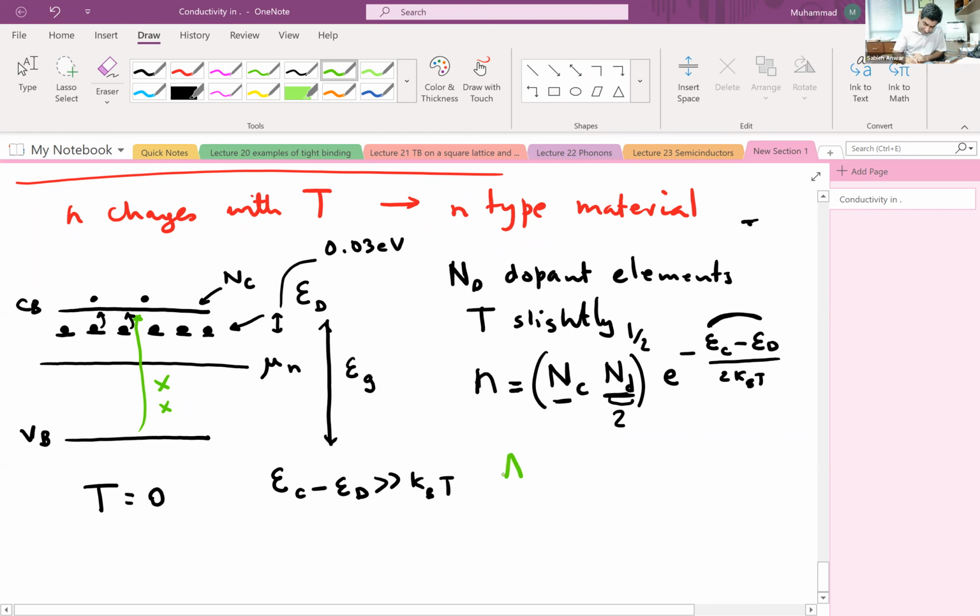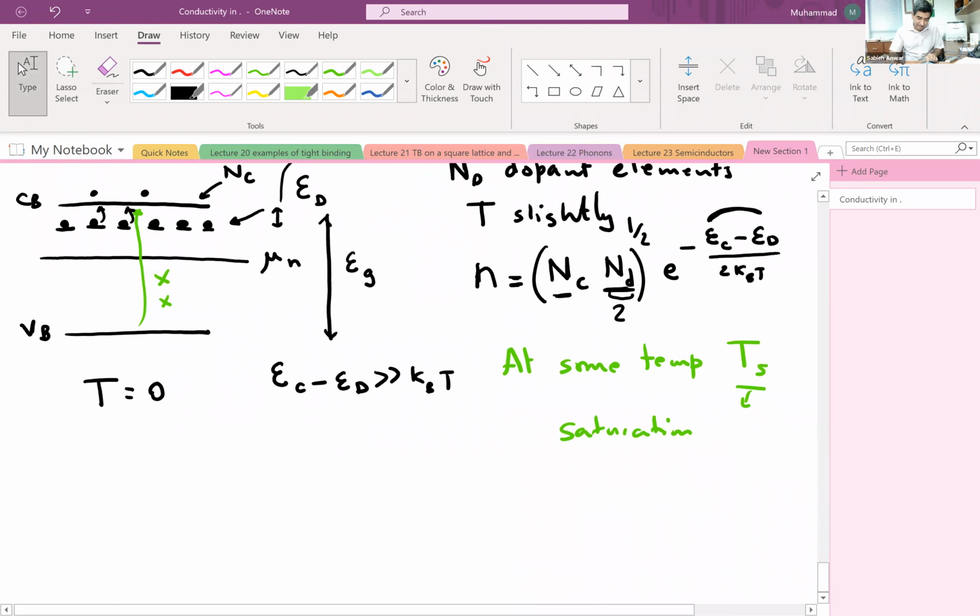This regime is at some temperature T, let's call it TS. S stands for saturation. At some temperature, all of the donated electrons have now gone into the conduction band.